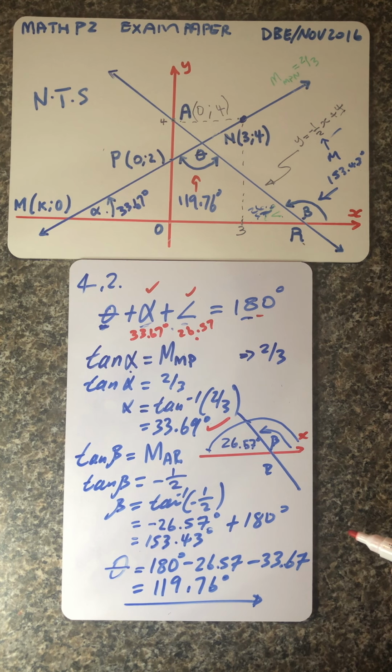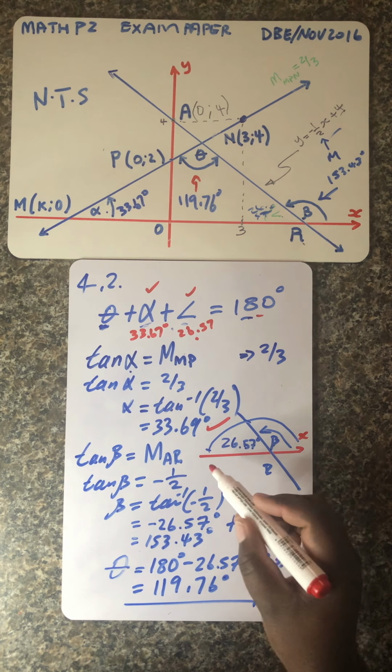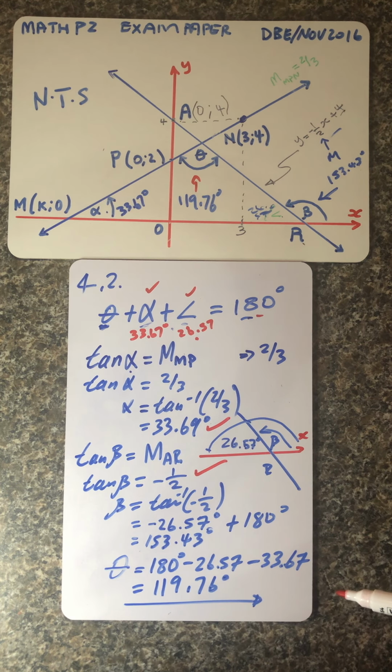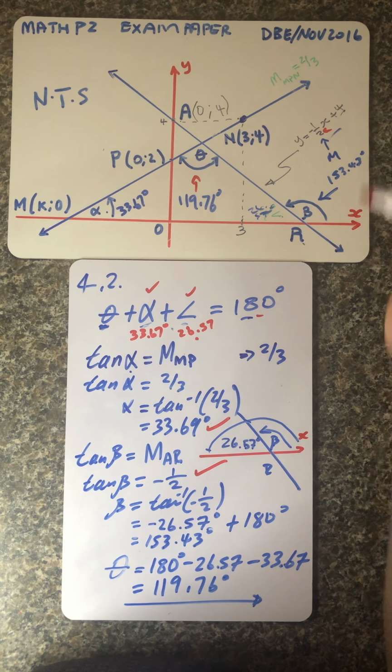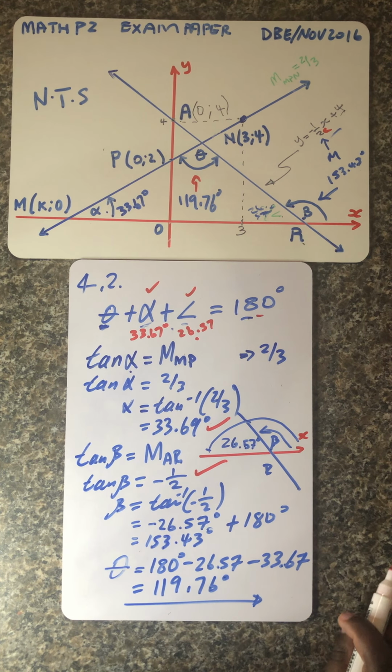Okay, and the other formula comes from, obviously, you being able to notice that this is the formula to use, because for you to notice that the gradient for that line is -1/2, it really indicates that you have a good understanding of what you're doing. So we can just give you a mark for that.